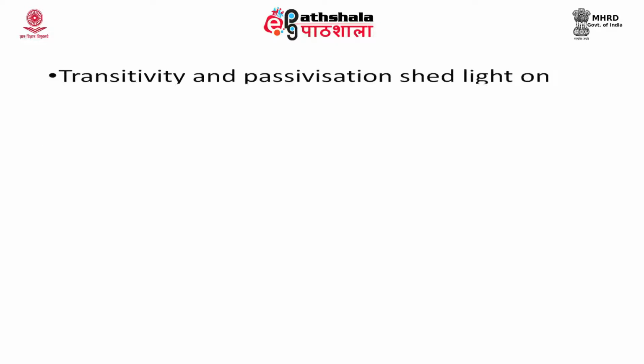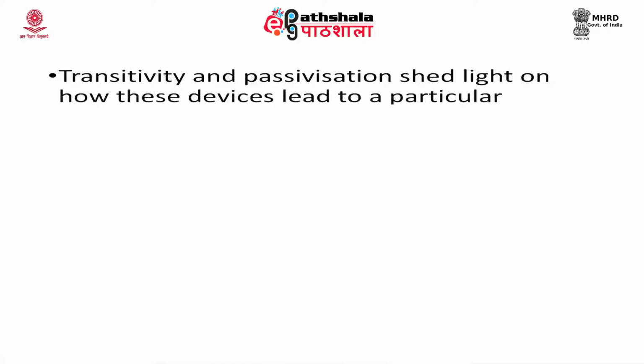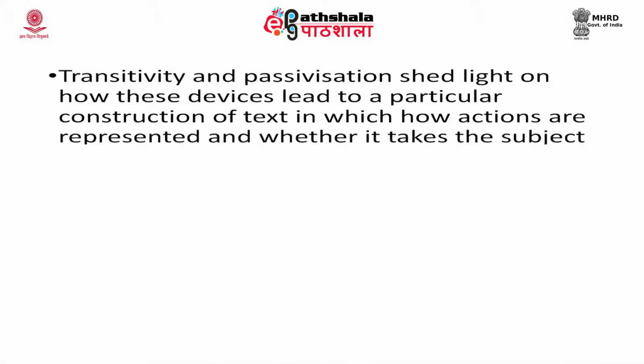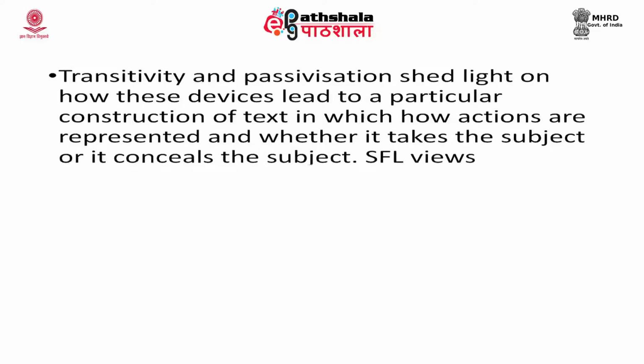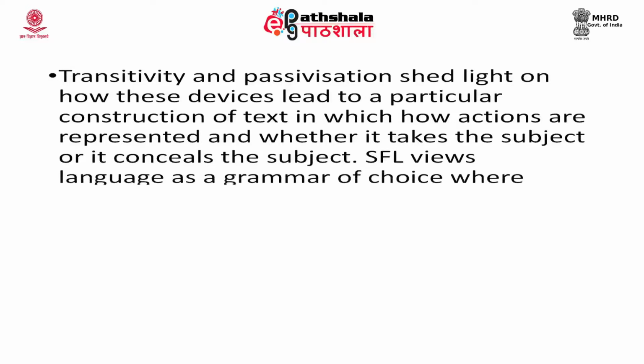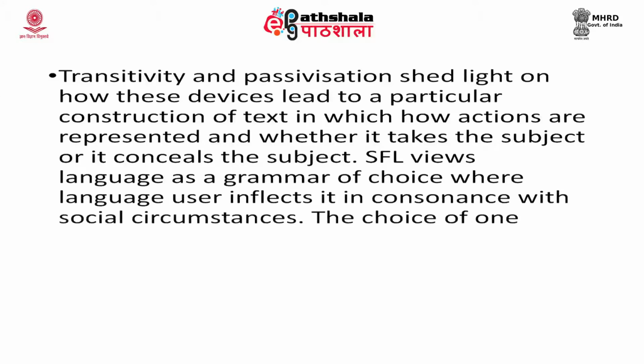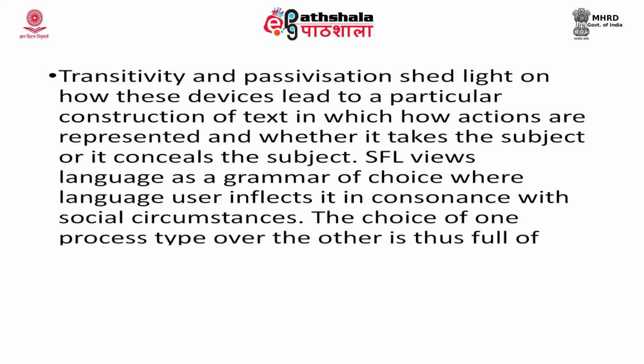Transitivity and passivization shed light on how these devices lead to a particular construction of text, in which actions are represented and whether it takes the subject or conceals the subject. SFL views language as a grammar of choice, where the language user inflects it in consonance with social circumstances. The choice of one process type over the other is thus full of meaning.